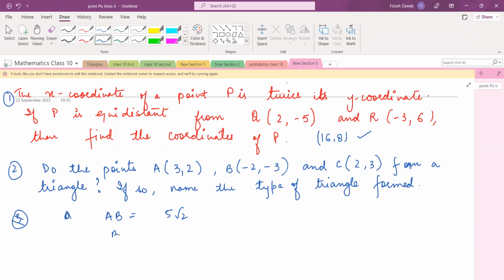Okay, 5 under root 2. And your BC is 5 under root 2. Same? Yes, ma'am. No, I think your BC is wrong. Please check again.